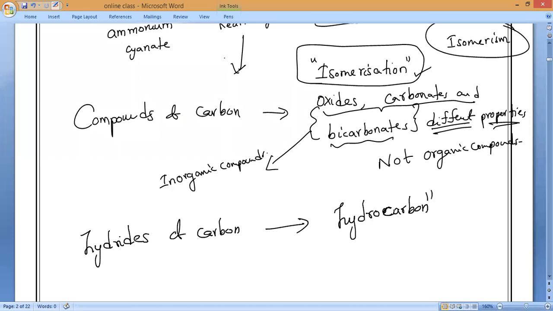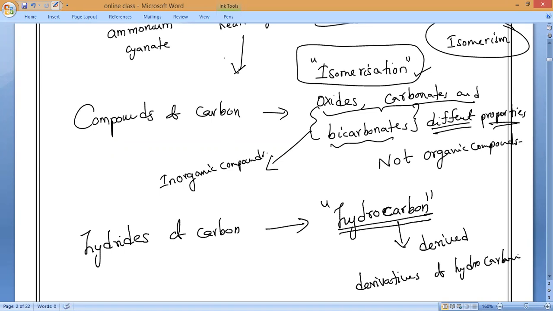That is one of the most popular and important compounds of carbon, and other compounds are all derived from this. That is why they are called derivatives of hydrocarbons.